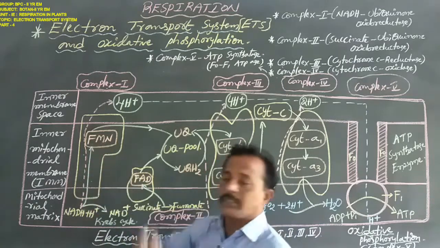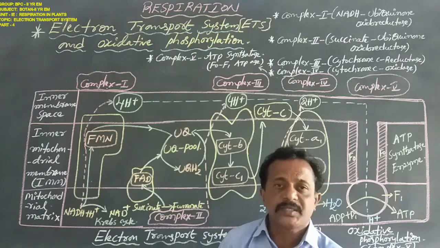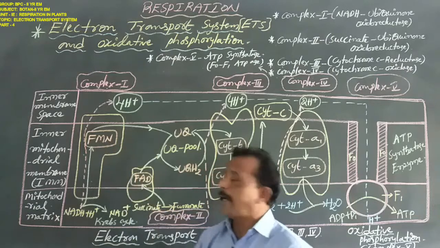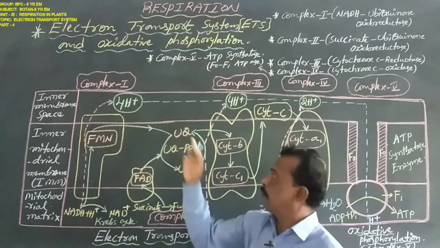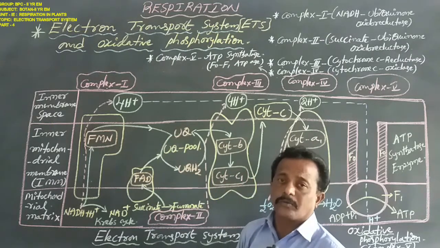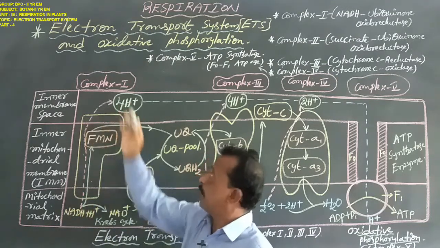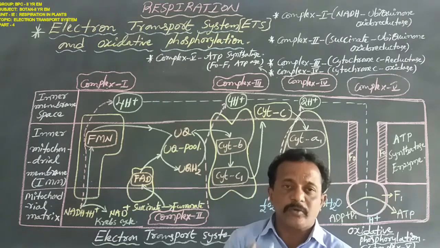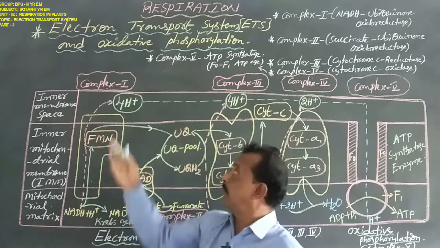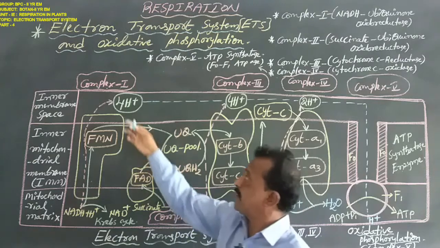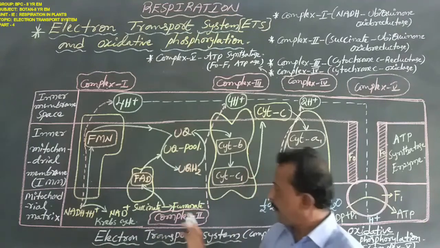These electrons reach one prosthetic group, that is FMN, flavin mononucleotide. Then the electrons reach UQ, that is ubiquinone. At the same time, each electron is associated with 2 protons, so 2 electrons with 4 protons. These 4 protons occur in the intermembrane space. And complex 2.